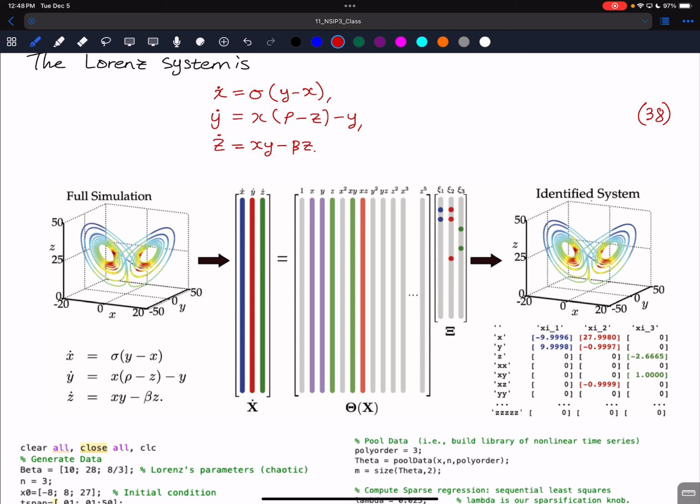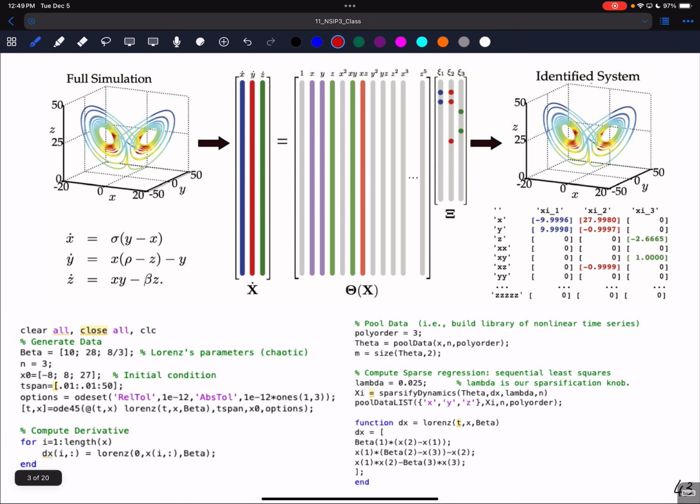And it looks like they go up to the 5th order polynomial. And then you can see the result of their identified system, and beneath that you can see what the Xis are. The parameters are shown beneath that in the code. I'll zoom up a little bit. And you can see that they're getting relatively close to the actual parameters that they used in this model.